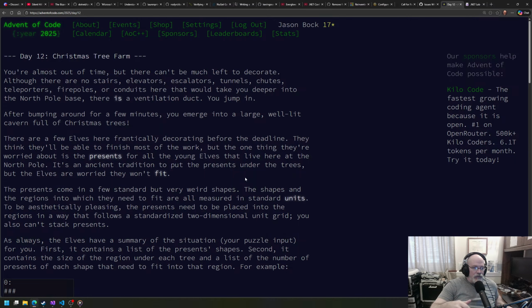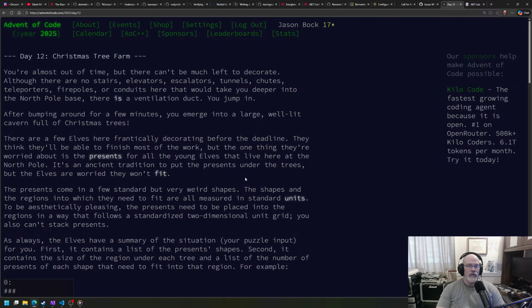After bumping around for a few minutes, you emerge into a large, well-lit cavern full of Christmas trees. There are a few elves here frantically decorating before the deadline. They think they'll be able to finish most of the work, but the one thing they're worried about is the presents from all the young elves that live here at the North Pole. It's an ancient tradition to put the presents under the trees, but the elves are worried they won't fit.